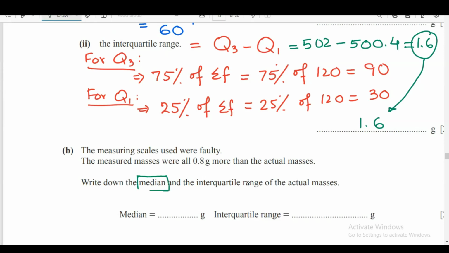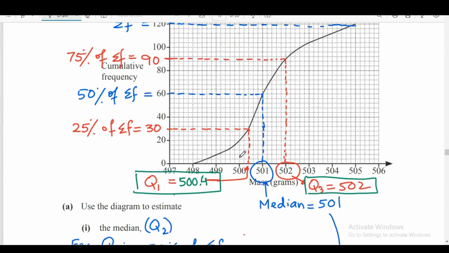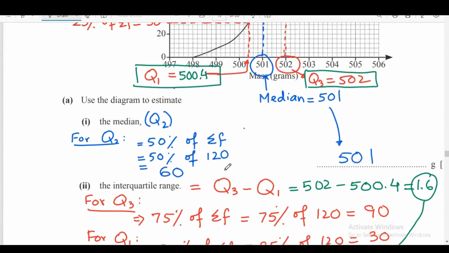Since the measuring scales were faulty, the actual values were 0.8 lesser than this graph. What will you do? We have to subtract 0.8 from the median to find the actual value.